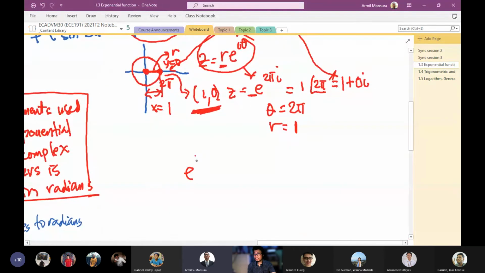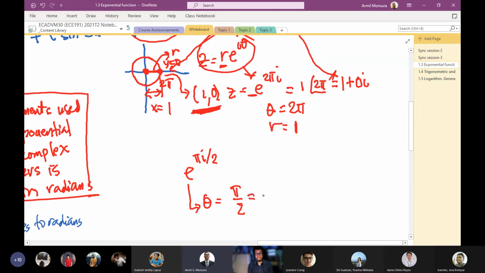That's e raised to pi i over 2. Diba? Ano ngayon yung angle nito? What is the angle of this number? Pi over 2 po. This is pi over 2.